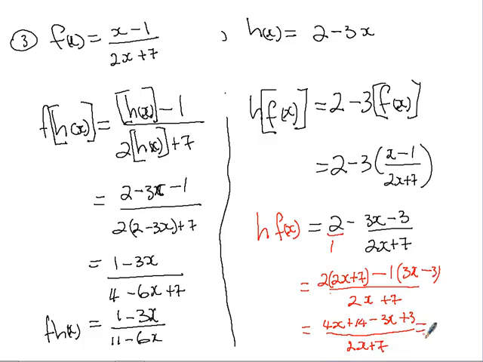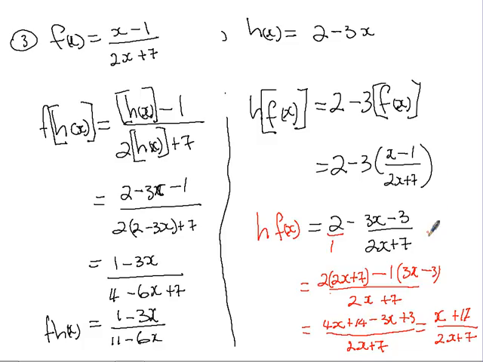And this is going to give you 4x minus 3x, that's going to be x. And 14 plus 3 is positive 17 all over 2x plus 7. This is the simplest it can go, right? This is the composite function.